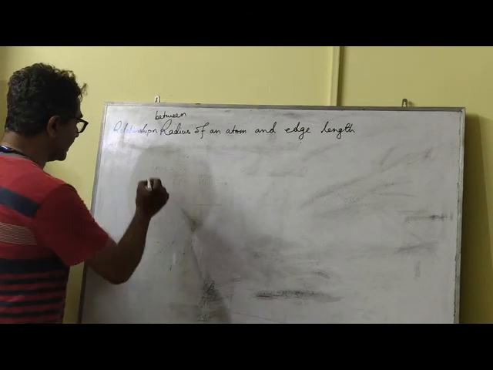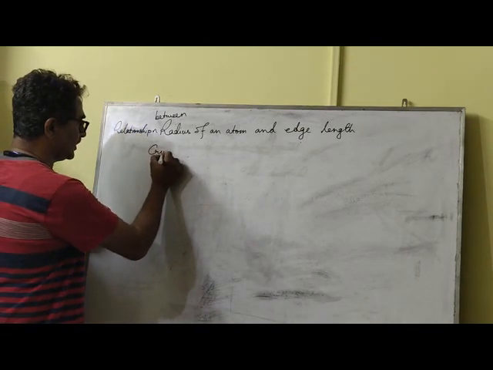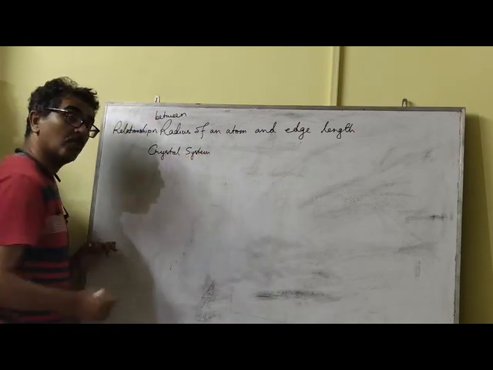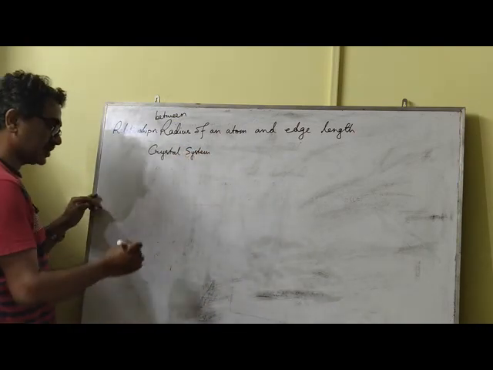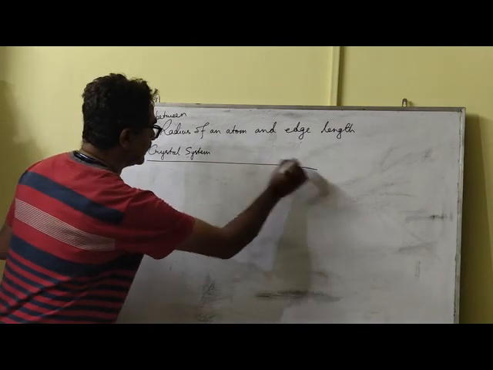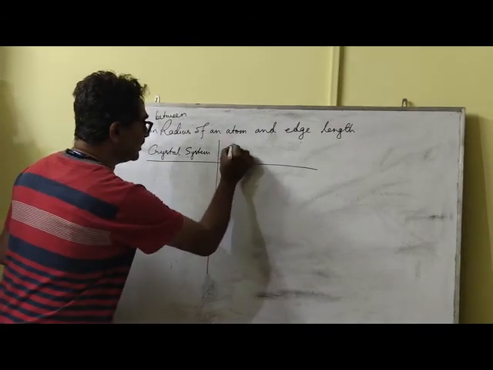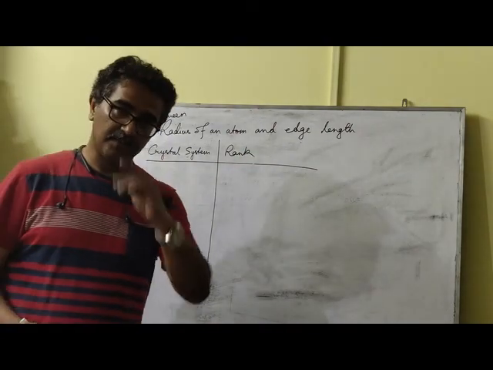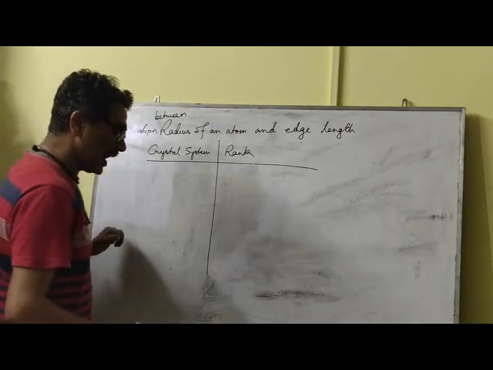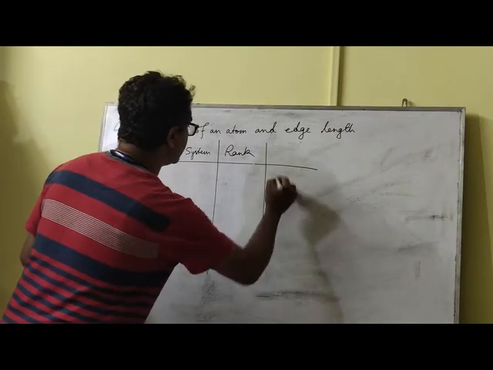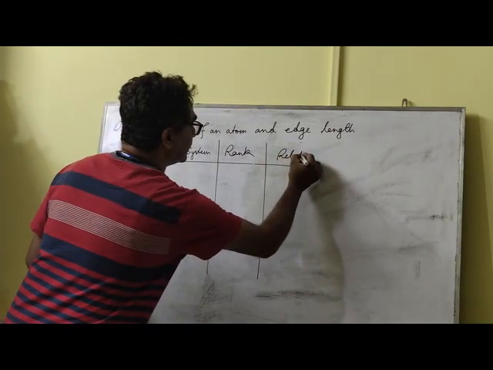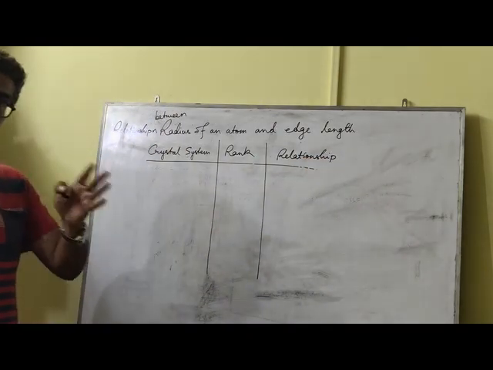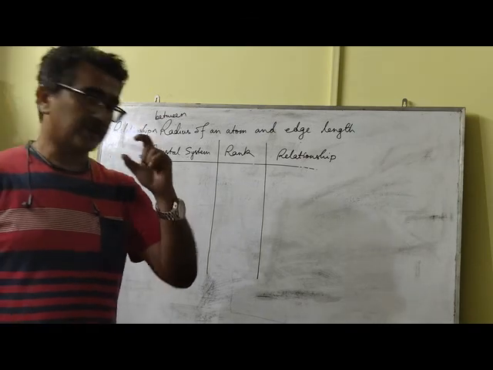So first of all, we'll write the crystal system, that is, what type of unit cell we have used over here. Then we are going to write the rank. Remember, rank represents the number of atoms per unit cell. And here we are going to write the relationship between the radius of an atom and the edge length in the unit cell.